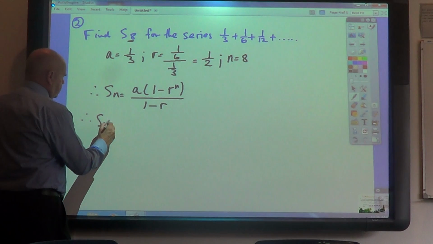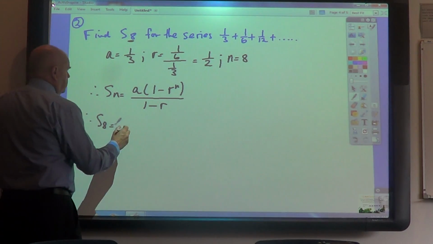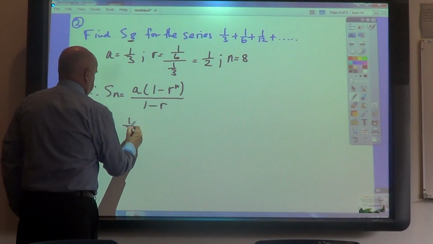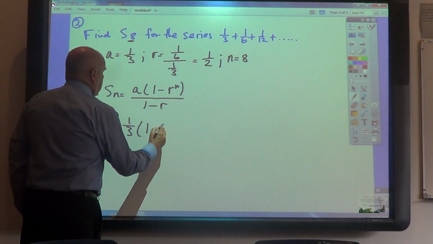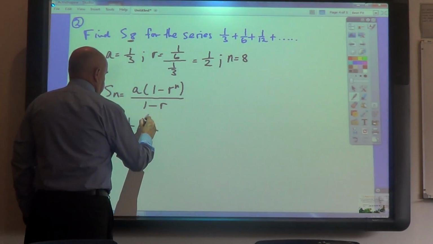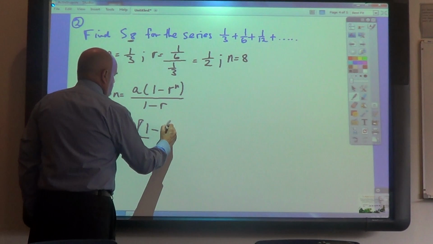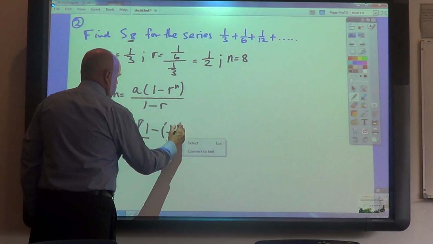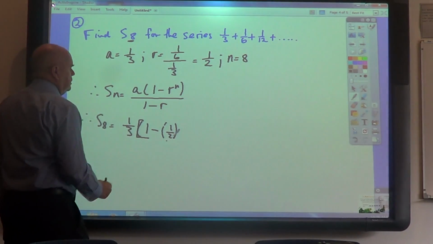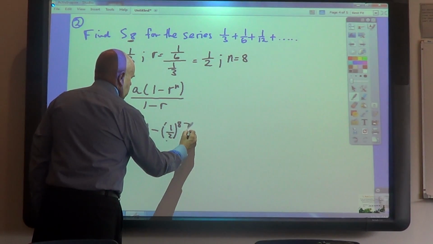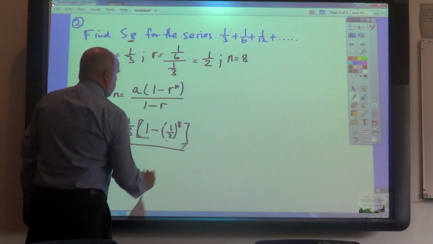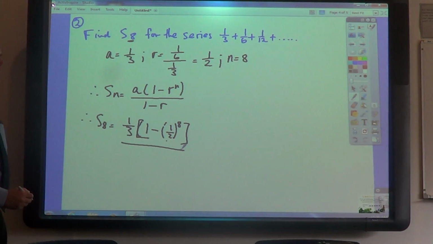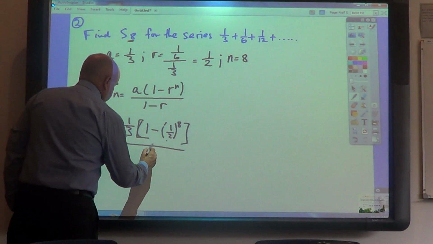So the sum of the 8 terms is equal to, a is equal to a third, 1 minus r is a half. Should have used square brackets there because I'm going to need rounded brackets here. A half to the power of 8, close off with square brackets, and what have I got here? I've got 1 minus a half, which is a half.